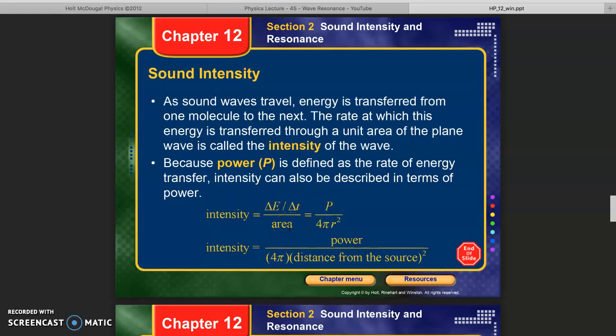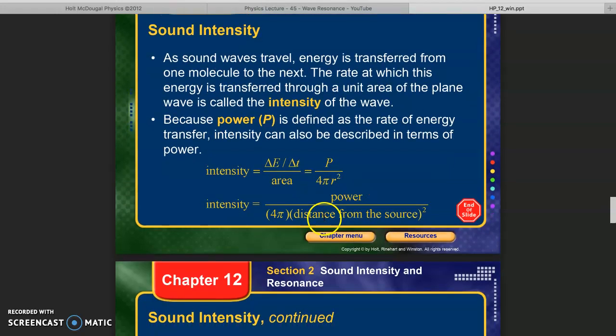And the area is the surface area of a sphere, which is 4 pi r squared. So this formula is that same formula applied to the area of a sphere, using power instead of energy over time, which we know are pretty much the same thing. So that's the formula we're going to be using.